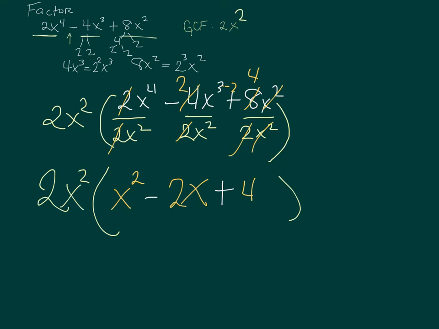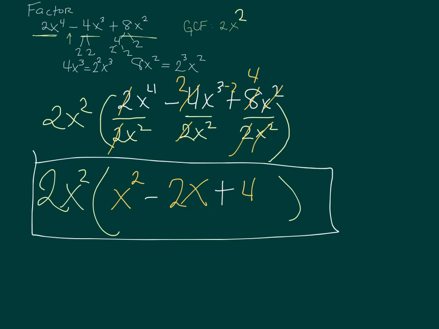So my factored form, my final answer, is the GCF, 2x squared, times x squared minus 2x plus 4. Now the way that I'm going to check myself is to distribute this GCF back in and check to make sure that I get my original trinomial there, right?